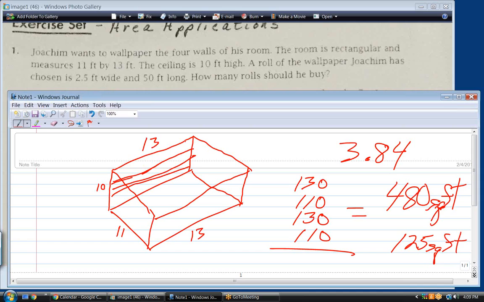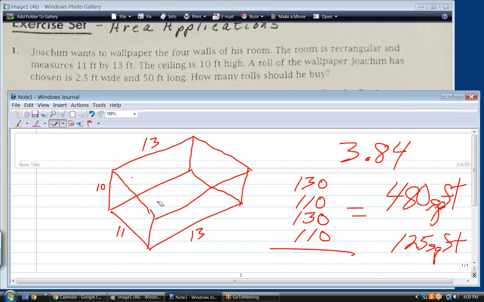I take all 4 rolls around the top. Each roll covers 11 plus 13 plus 11 plus 13, 48 feet. Each roll is 50 feet long. It's almost perfect. In other words, you can come up with 4 rolls if you are able to visualize this properly.